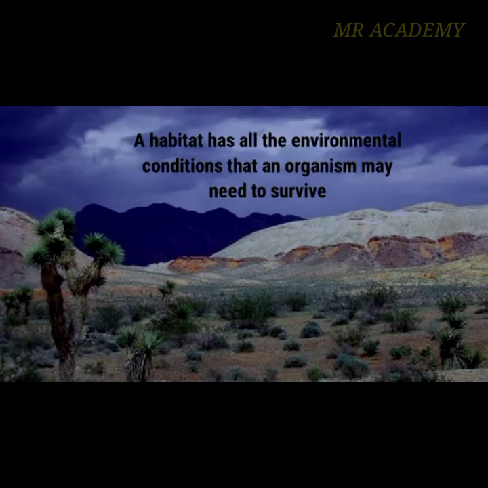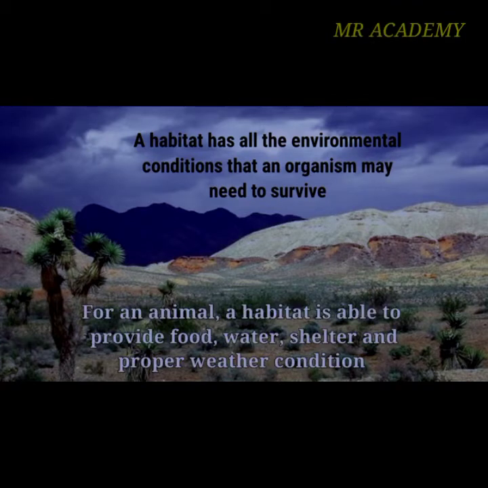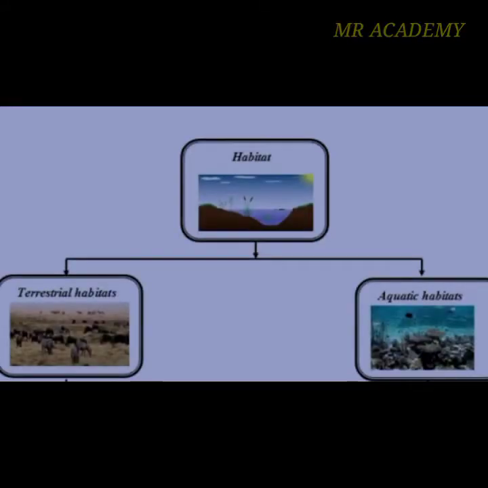A habitat has all the environmental conditions that an organism may need to survive, like proper food, water, shelter, and proper temperature. The two main categories of habitats are terrestrial habitat or land habitat and aquatic habitat or water habitat. That we will discuss later on.